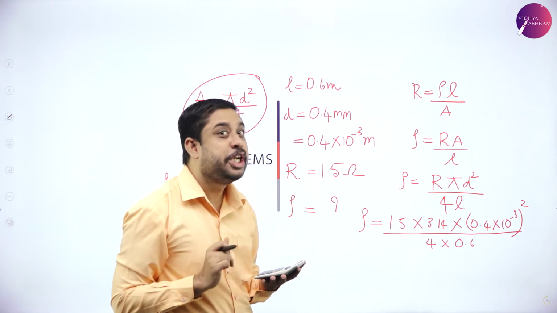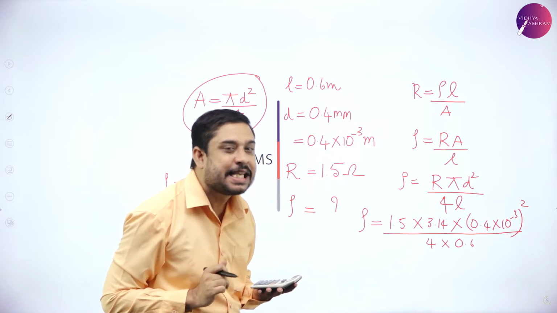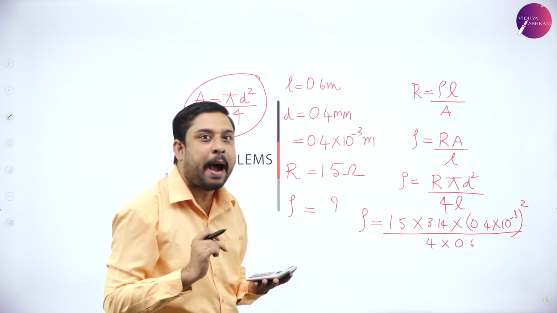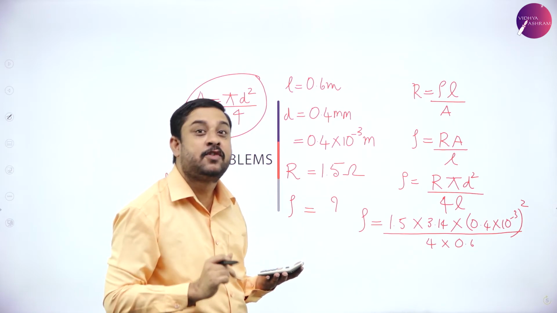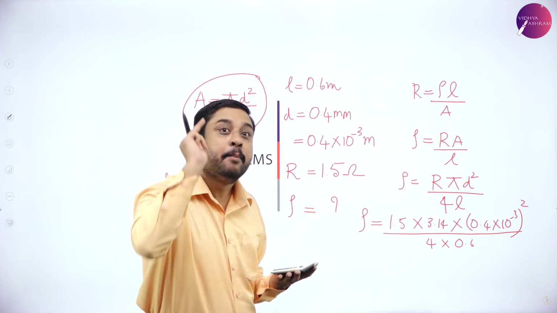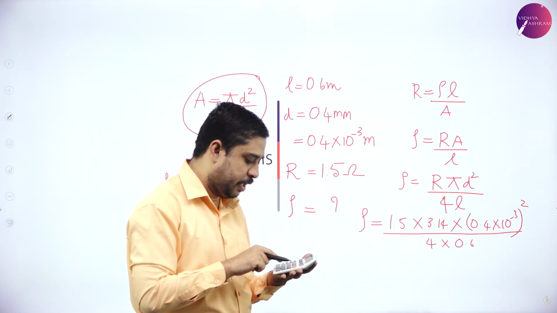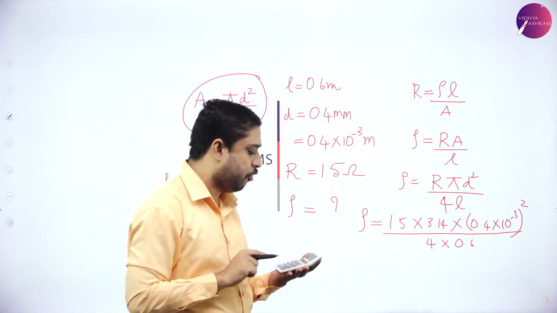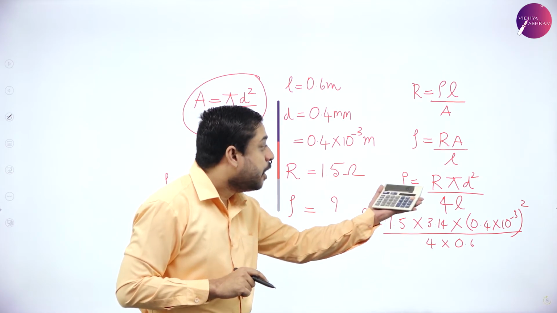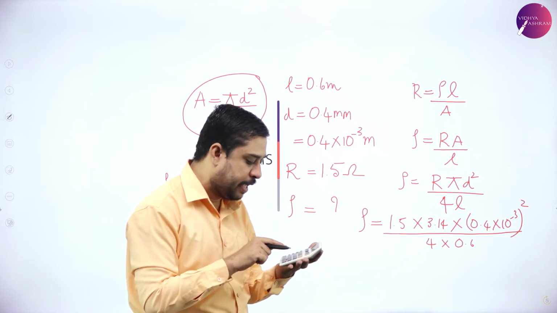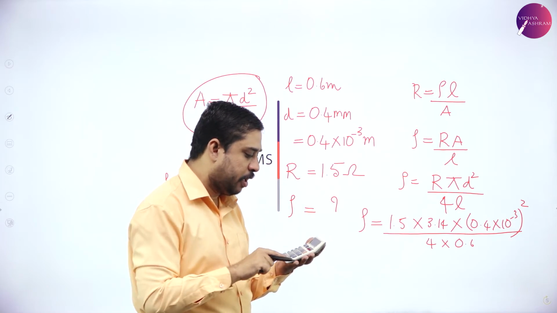You also take a sheet of paper when you work out. Once after you see the session, again go back to the questions and try to solve by yourselves. Have your calculator, practice using calculators. 1.5 into 3.14 into, now 0.4 whole square, 0.4 into 0.4.